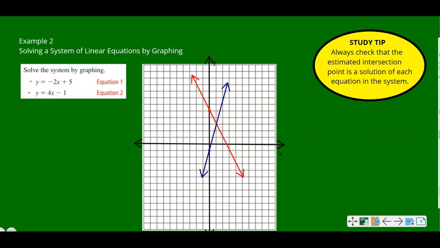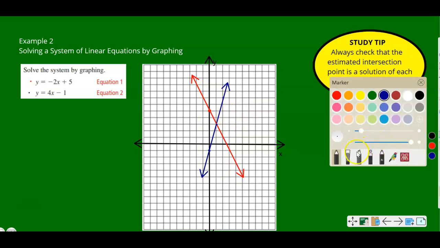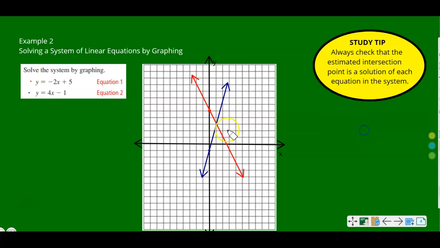All right, and hopefully you can see easily that this is the intersection point.